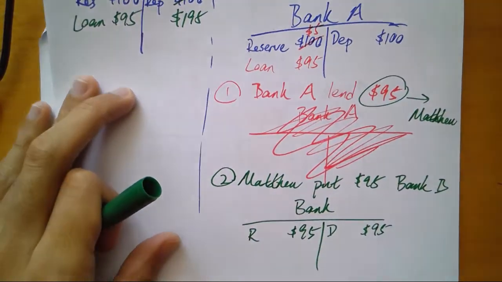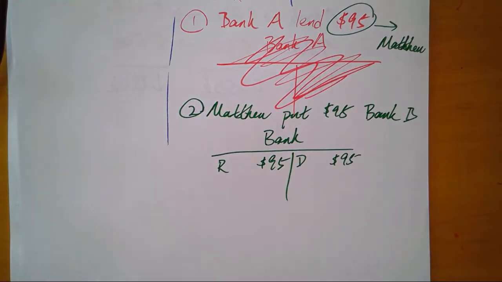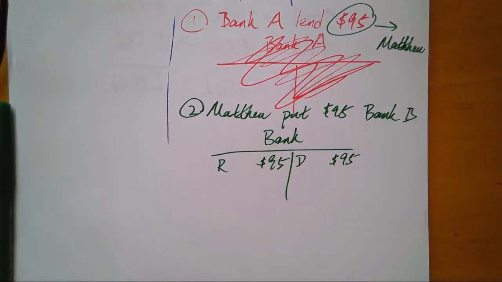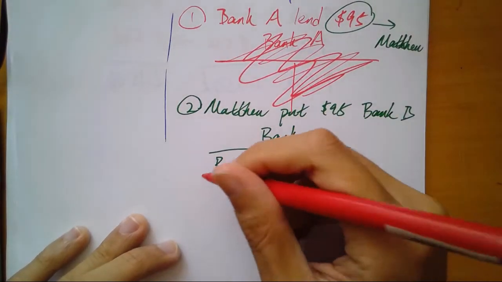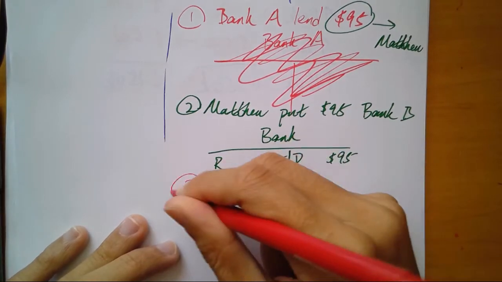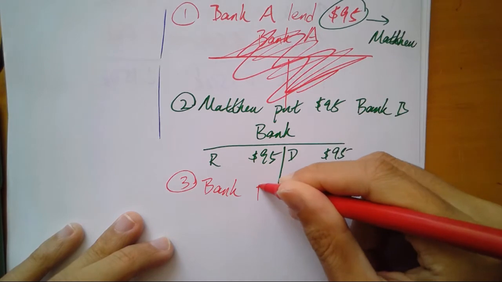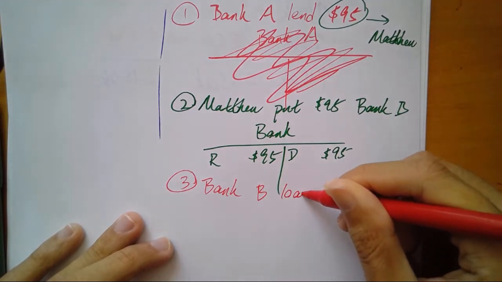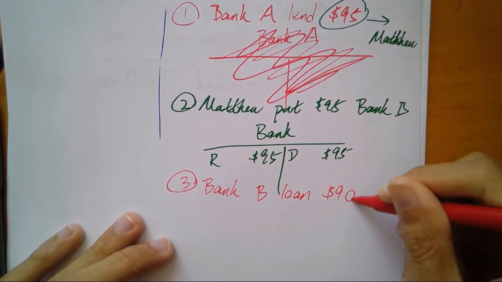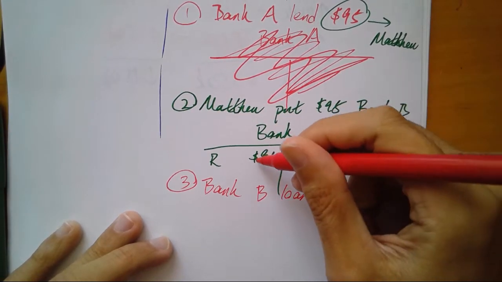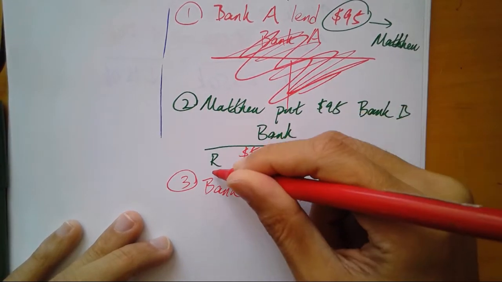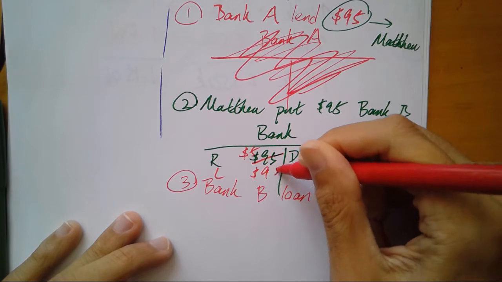Now let's further this story. Remember, if Bank B wants to make profit, Bank B will, let's say, loan out 90, to keep it simple. Therefore, reserve 5, loan 90.